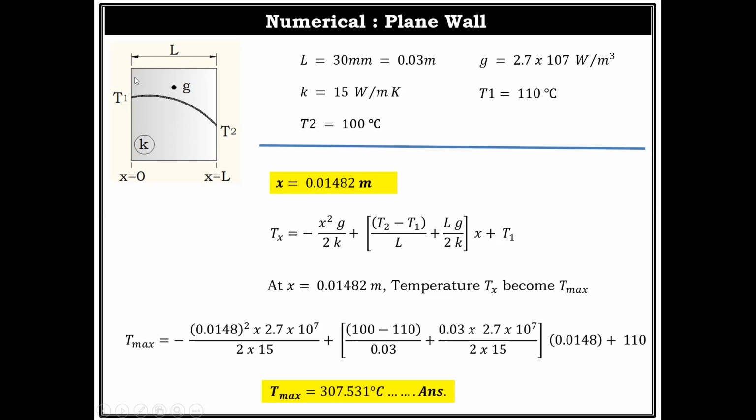So definitely the surface temperature must be lesser than the temperature at the source, and T1, T2 are lesser than this T max. So T max is the temperature where the source is located. So this is the maximum temperature T max.